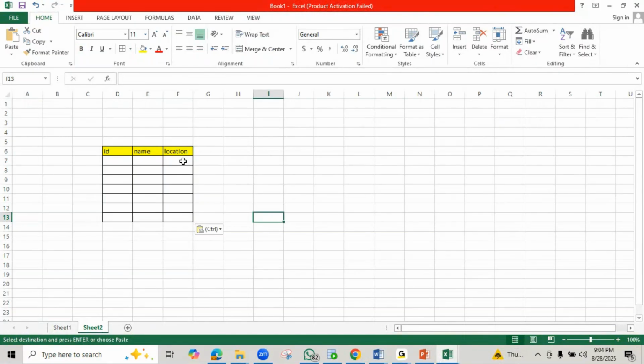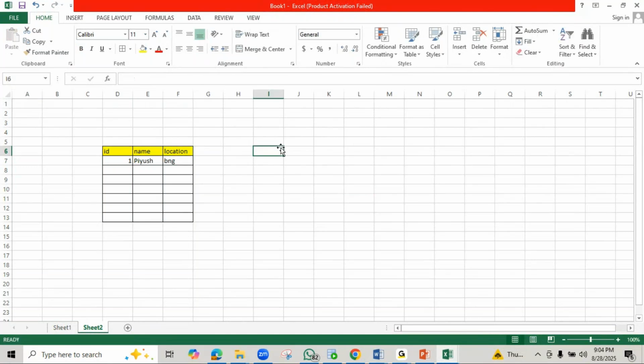Why have I created the table? To insert some values. In the future, we will insert some values. So imagine that I have inserted one value: ID is 1, name Piyush, location Bangalore. So I have inserted one value in the table.